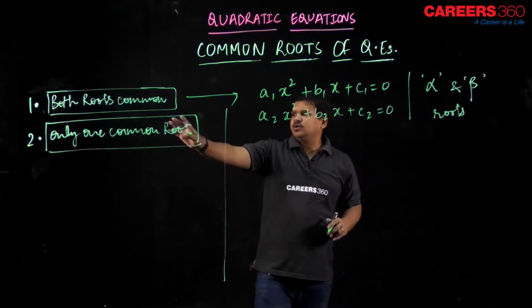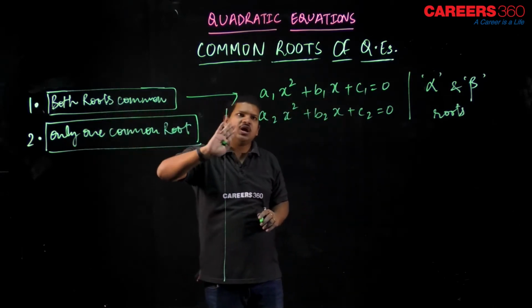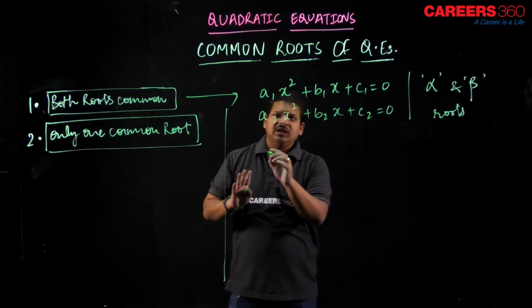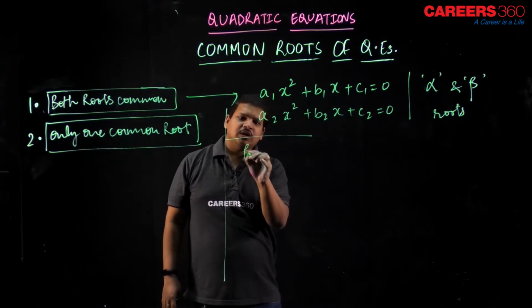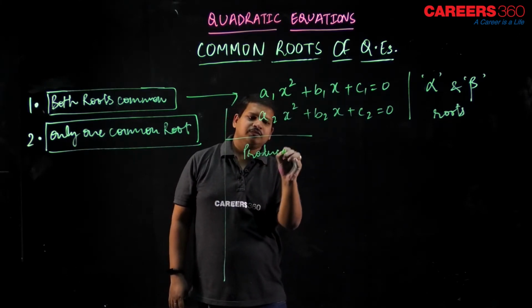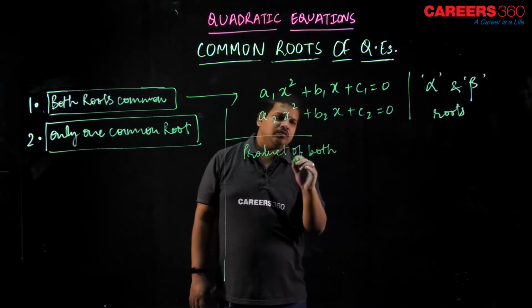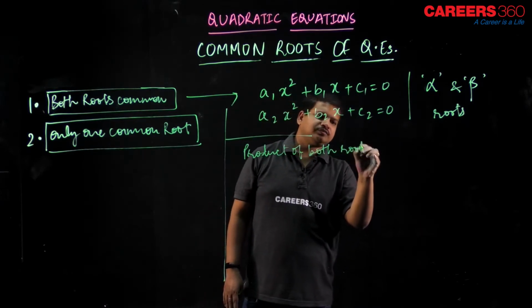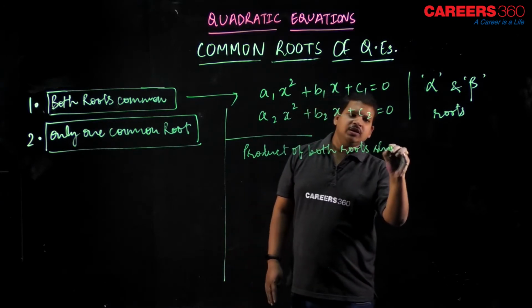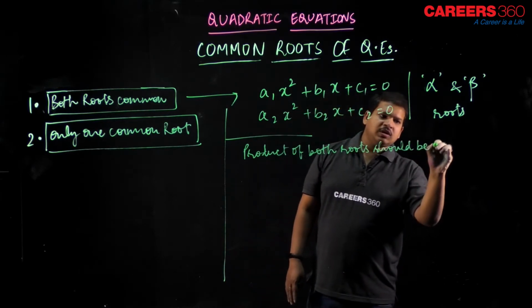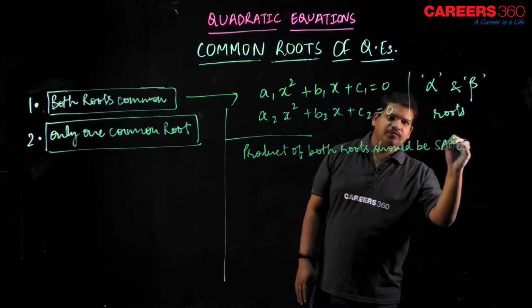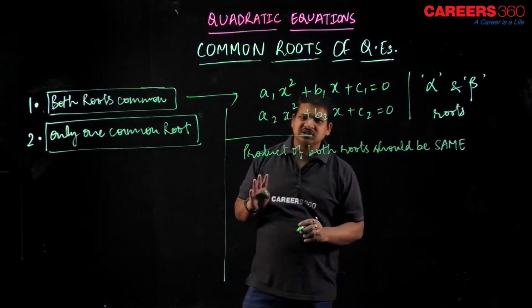What am I trying to say over here is, if both the roots are common, then in that case the product of both roots should be same for both the equations.